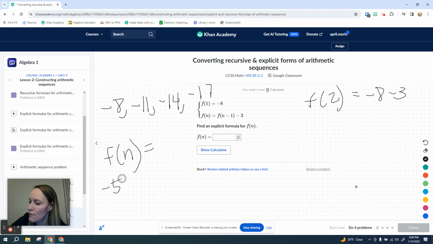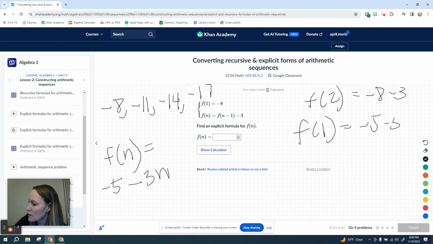So I'm going to start at -5, and then subtract 3 times n. So does this work? Plug in f of 1 equals -5 minus 3 times 1. Okay, so -5 minus 3 equals -8.